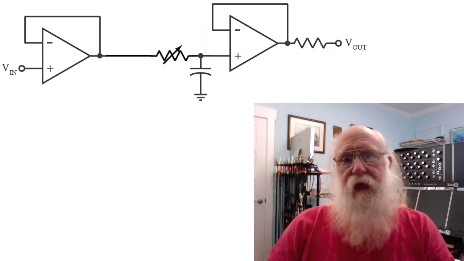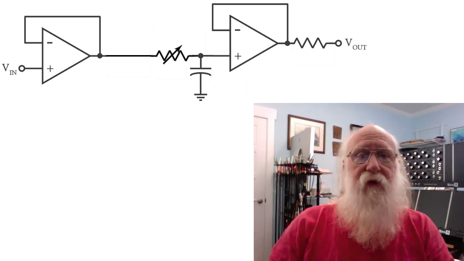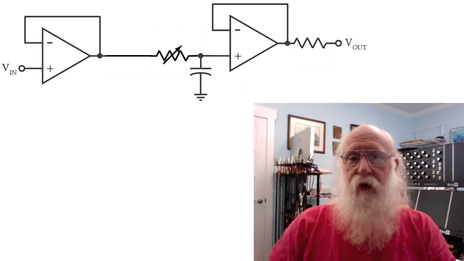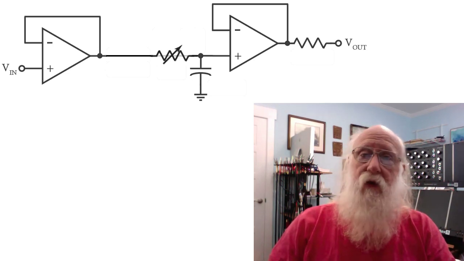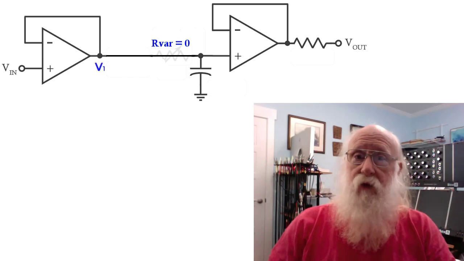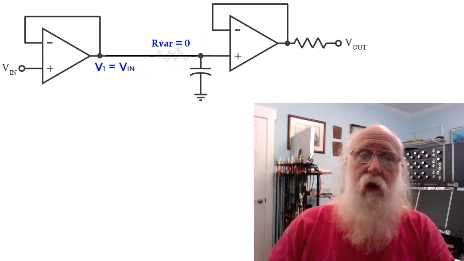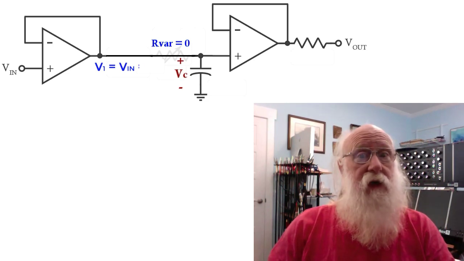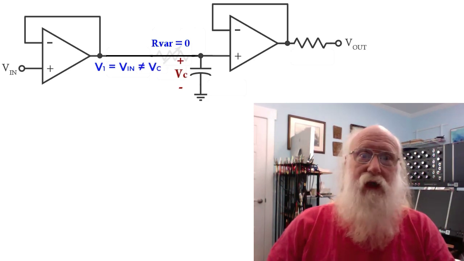The other problem is that if we try to drive that RC circuit directly with the input buffer and set the variable resistor to zero, then when the input voltage changes, all of a sudden we have some voltage on the capacitor, we have some different voltage coming out of the input buffer, and there's no resistance between.